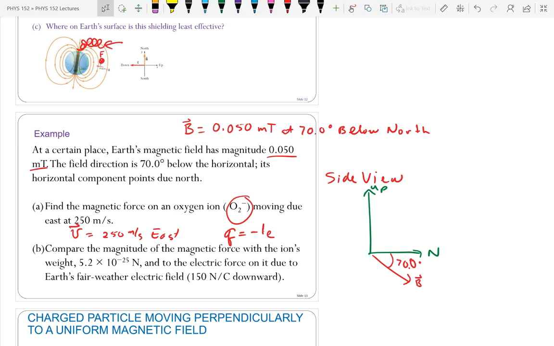So let's find the direction first. So taking my right hand rule, the magnetic field is like this. What direction is my velocity in this picture? The velocity is east. And so in this picture, east would be coming out toward me. So there's my velocity.